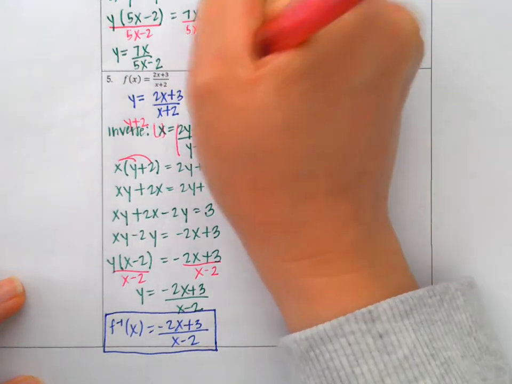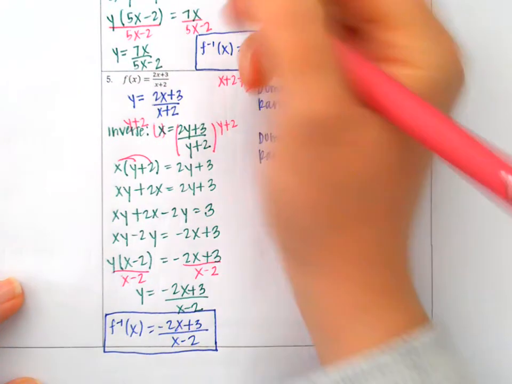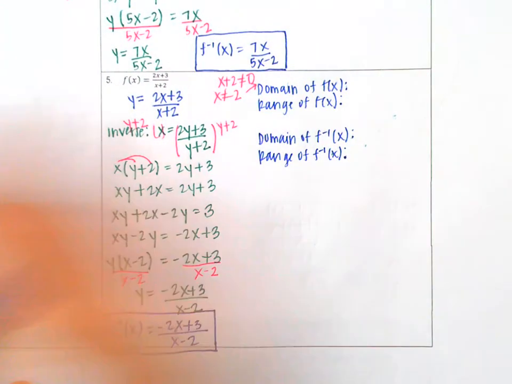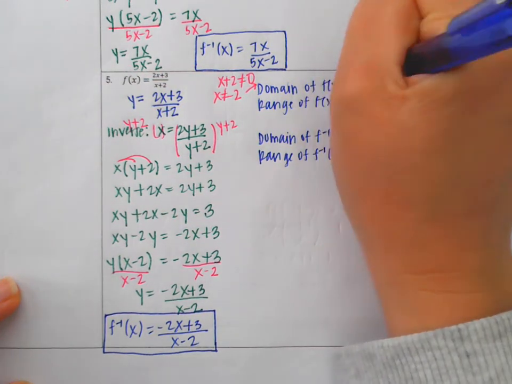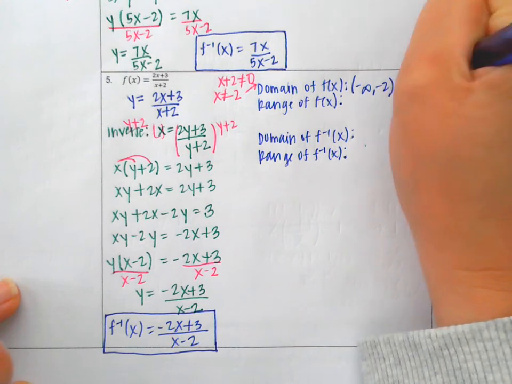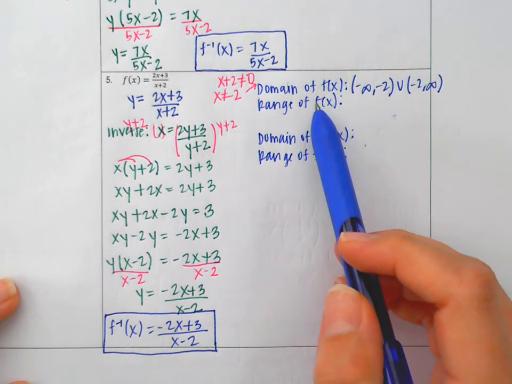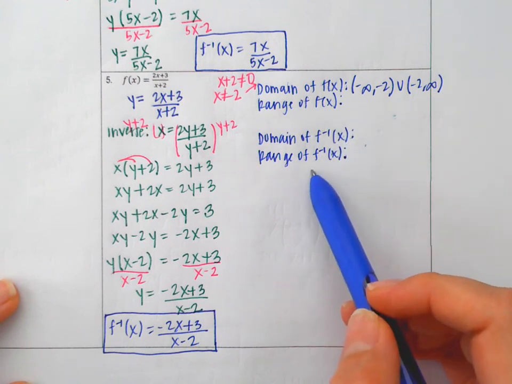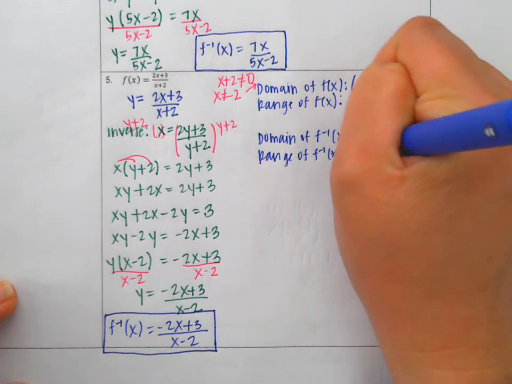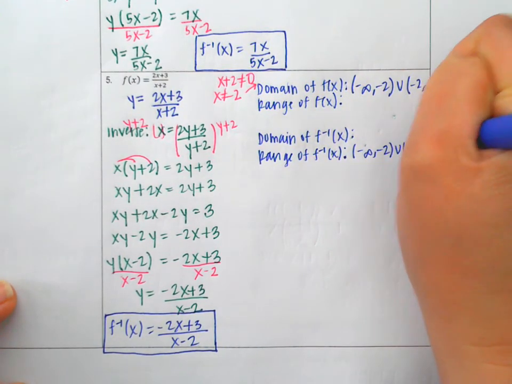So that would be x plus 2 can't be equal to 0. So that just means x can't be equal to negative 2. So the way that we write that is negative infinity to negative 2 union negative 2 to infinity. And I can use that to fill in now, that's also the range of the inverse. The domain of the original is always the range of the inverse.